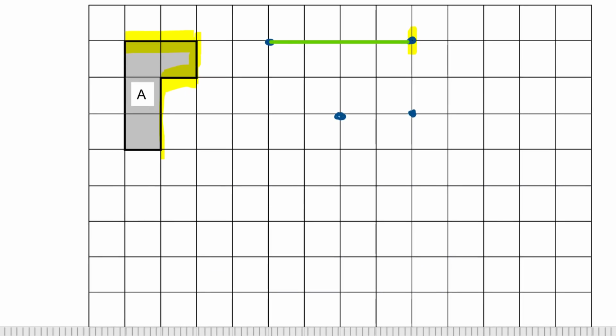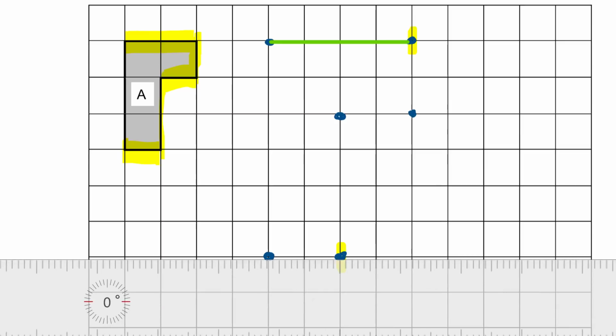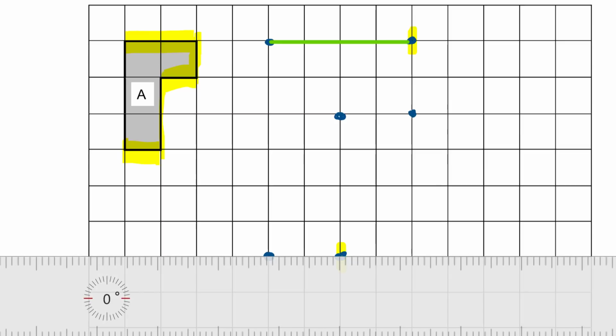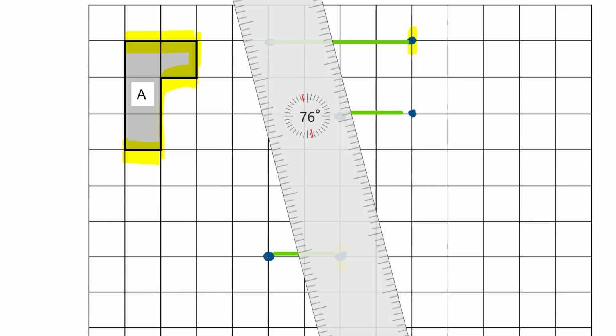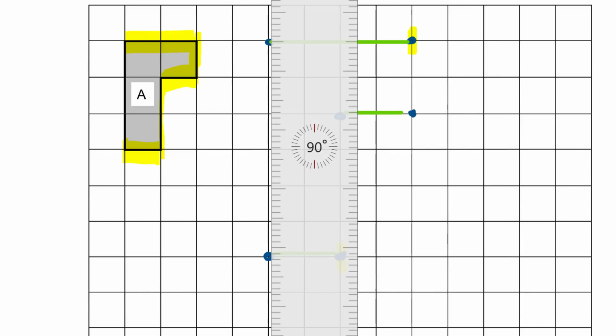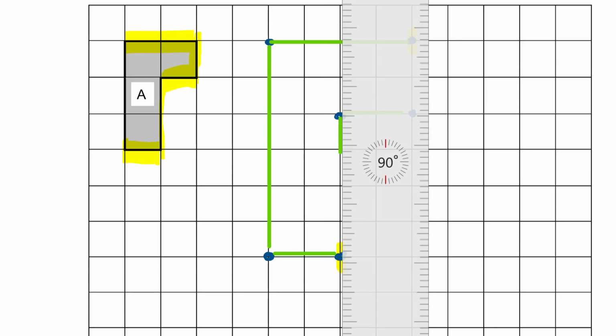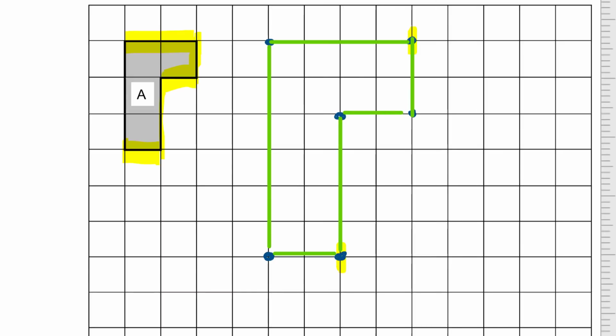It's going to be 4 squares. 1, 2, 3, 4, down to that point there. And then along there is 1 square, so 2 squares on my diagram will take me to here. And then I can close it back up. Again, once I've done that, I can quickly just join it up with straight lines. All done.